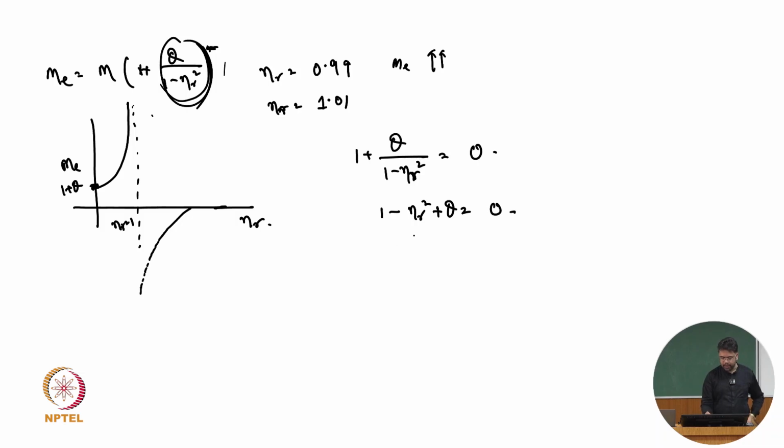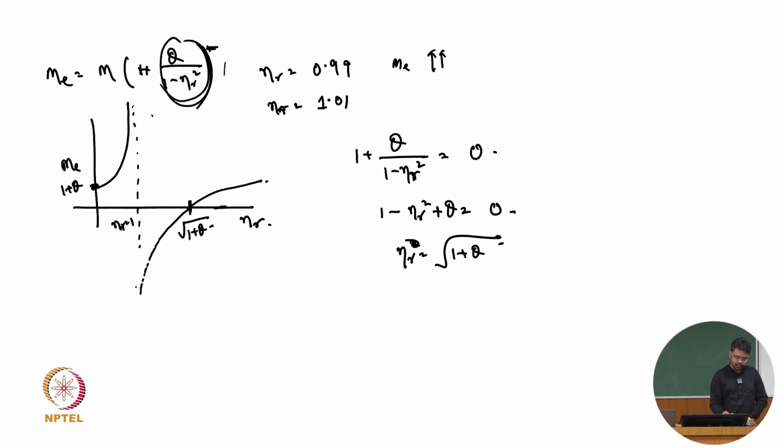So where is this happening? This is happening once eta r equals root over of 1 plus theta. At that point you will see the effective mass of that system will become 0. Make sense? And then you will go there.